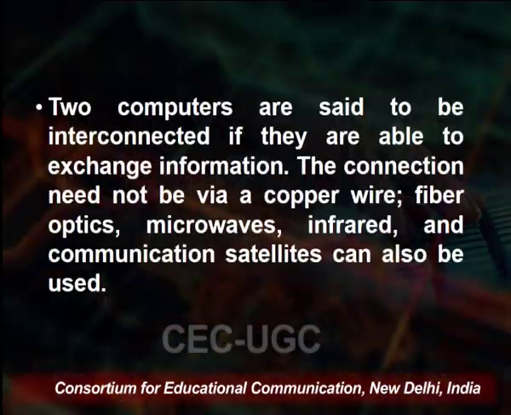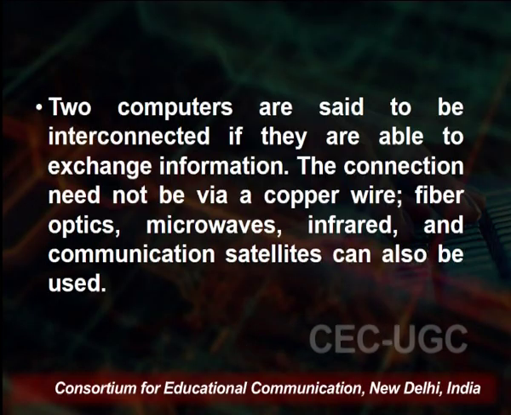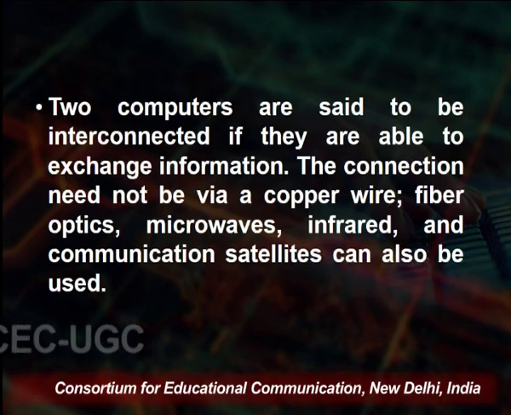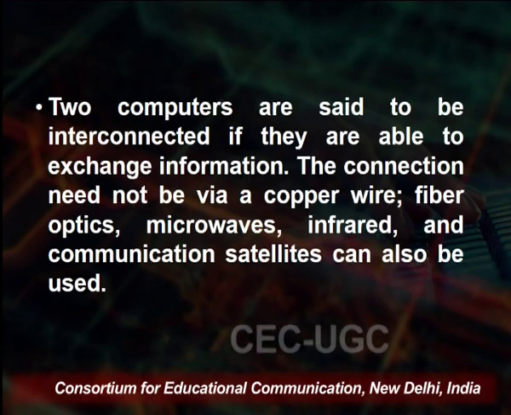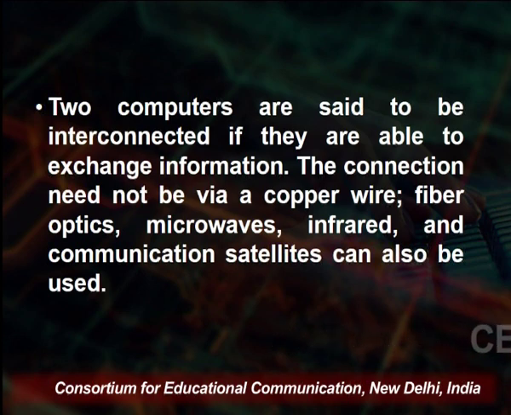Now, when can we say that two devices or two computers are connected? Two devices or two computers are said to be interconnected if they are able to exchange information. Now, how are they going to exchange information? Only if they are connected to each other. Now, what kind of connection am I talking about?